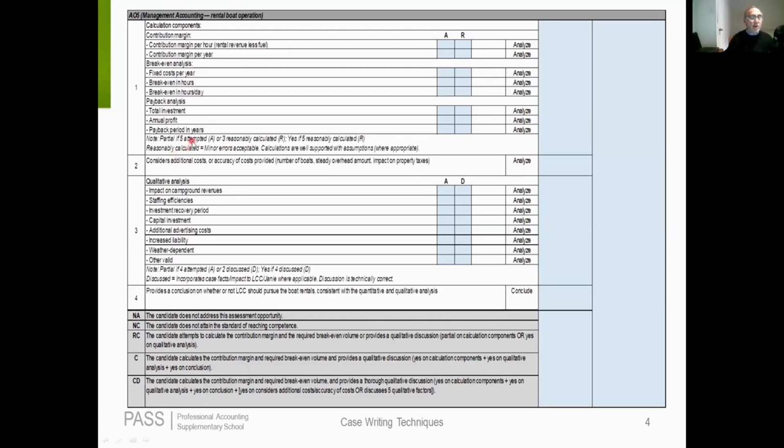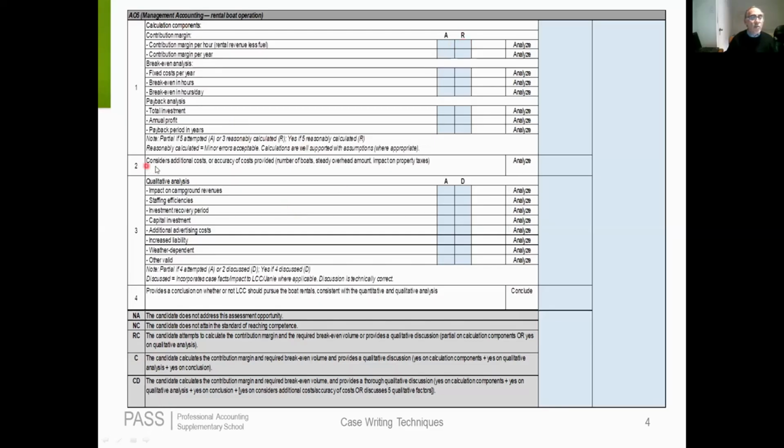So one way to get partial is to do a poor job but hit 5 points. Another is to do a good job, your calculations are well supported with assumptions where appropriate, but yet you only hit 3 points. To get a yes, which will be necessary for competent, you need to get 5 of these items at the R level, at the reasonably calculated level.